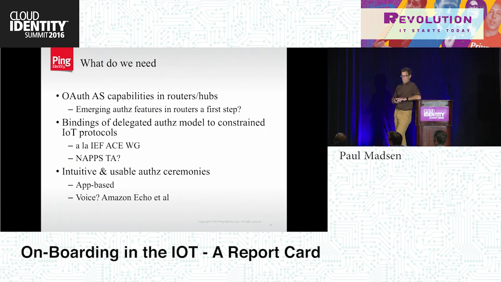There's the IETF ACE working group, which is working to define how to bind delegated authorization, OAuth, to the constrained protocols that devices will speak. They're focused on CoAP, but the principle is going to be true for other constrained device protocols. There's also NAPS, an effort in the OpenID Foundation, effectively dead for its original use case.